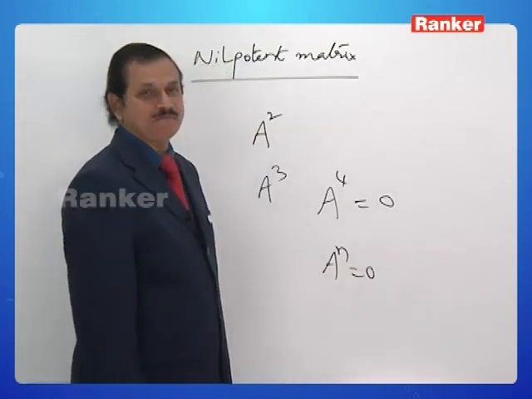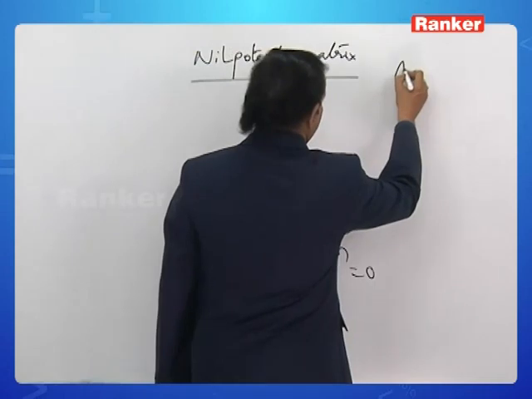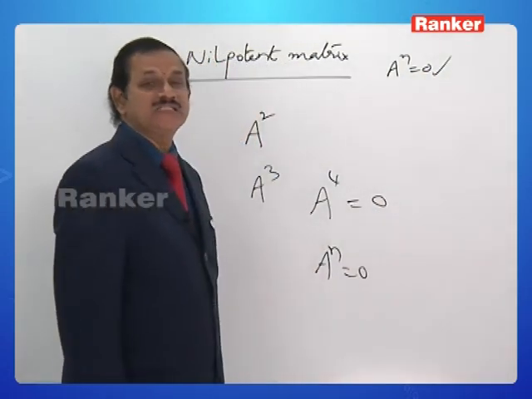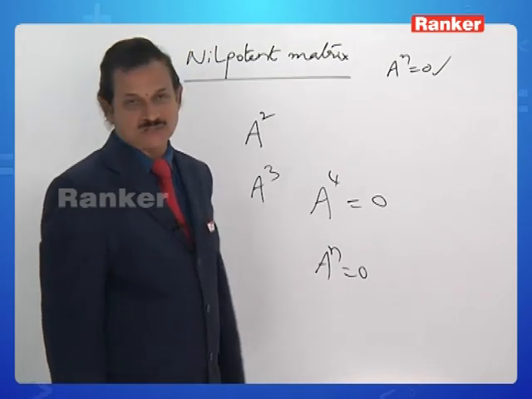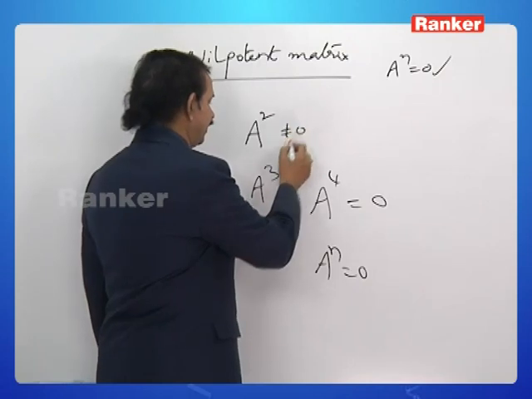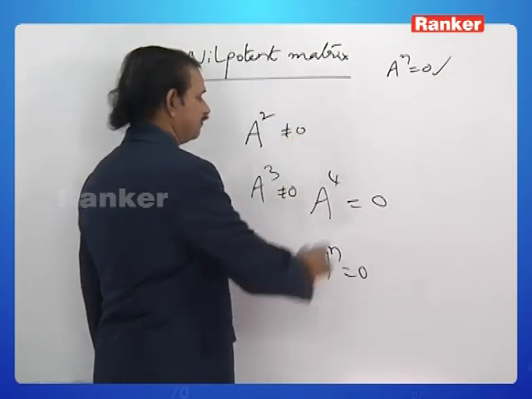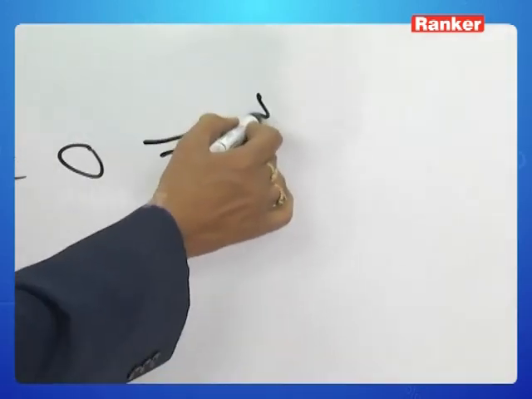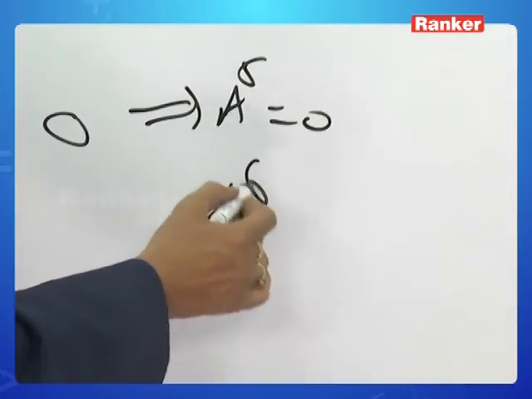So if there is a positive integer n such that A power n is equal to 0, then A is said to be nilpotent. Here, A square is not 0, A cube is not 0, A power 4 is 0. This implies A power 5 is 0, A power 6 is 0, A power 7 is 0, and so on.